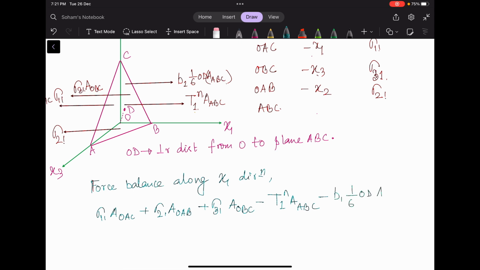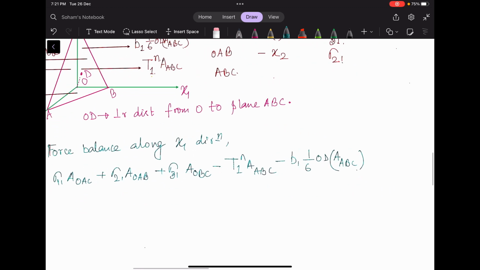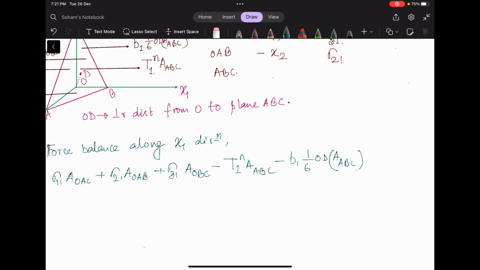I am not sure about this constant 1 by 6, it will be either 1 by 6 or 1 by 3, just check on the internet, this will not matter actually for the derivation. So this is equal to mass times acceleration. So external force equal to mass times acceleration.